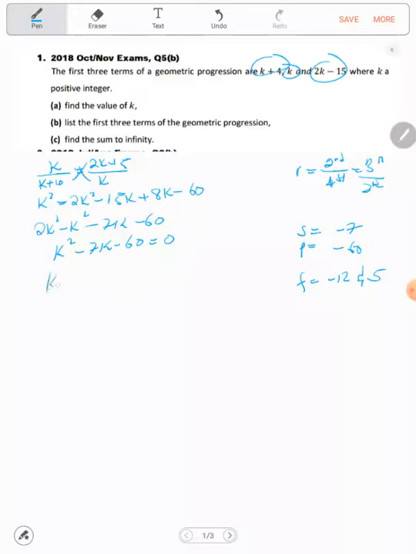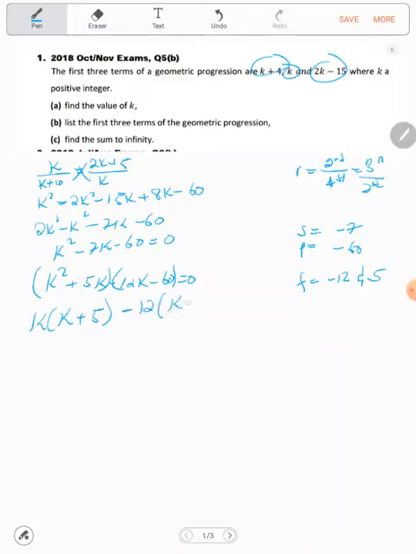Therefore, I'm going to write the sum in terms of those two numbers. So I'll say k squared plus 5k minus 12k minus 60 is equal to 0. I'm going to group these. I'm going to factorize these two because k is common there: k times k plus 5. What is common here? Negative 12 is common.